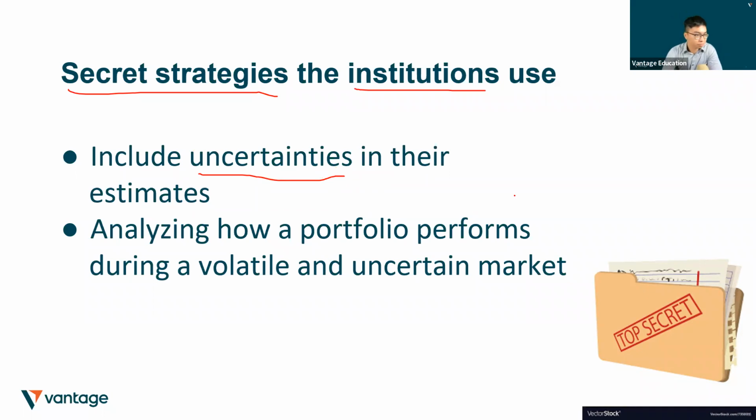For example, a bank may be interested in analyzing how a portfolio performs during a volatile and uncertain market. They create a stochastic model, which involves a set of equations with inputs that represent uncertainties over time. Therefore, stochastic models will produce different results every time the model is run because of their different sets of equations and inputs.